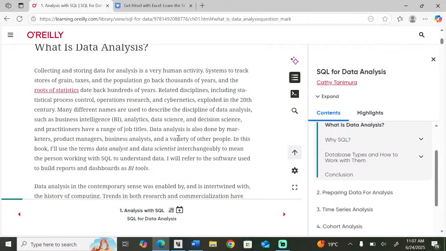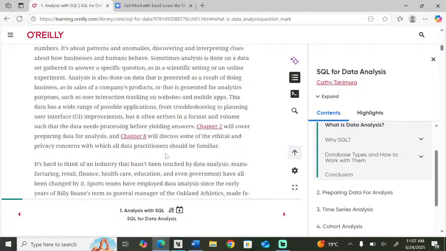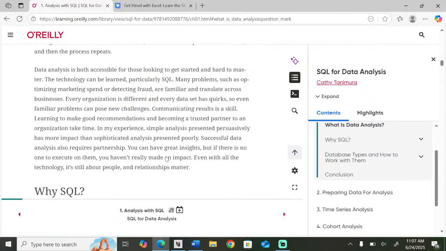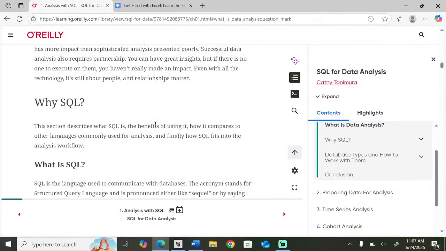I think we already know what data analysis is. Basically, a data analyst is someone who analyzes data. So we can skip this part and go directly to the next part: Why SQL?